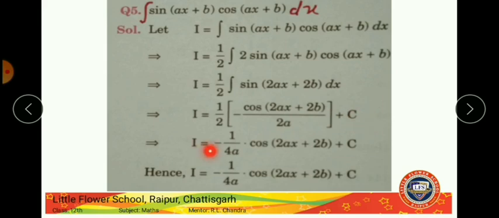I is equal to minus 1 upon 4a cos(2ax+2b) plus c. Hence I is equal to minus 1 upon 4a cos under bracket 2ax plus 2b plus c, where c is the constant of integration.